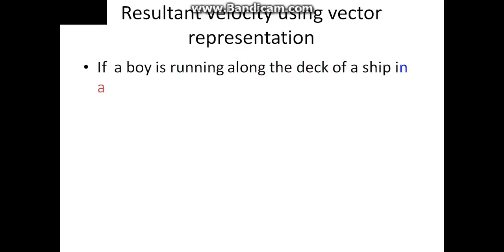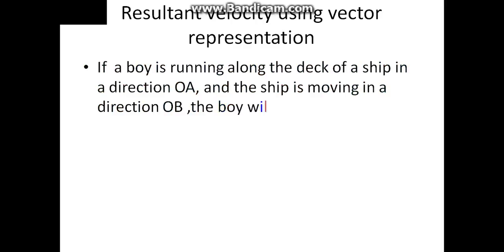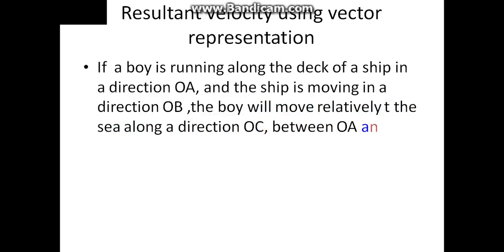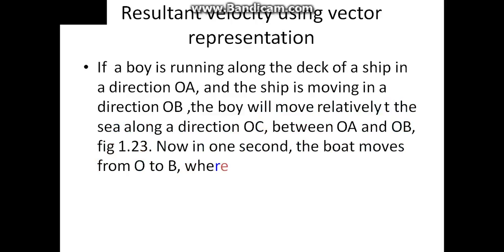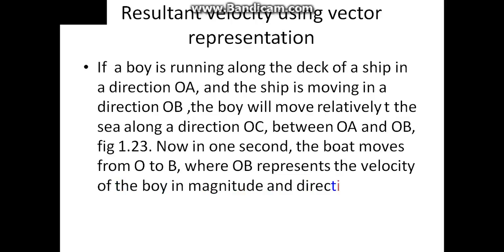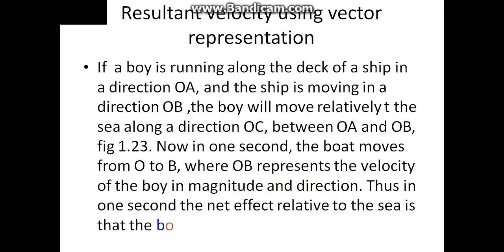Resultant velocity using vector representation. If a boy is running along the deck of a ship in a direction OA and the ship is moving in a direction OB, the boy will move relative to the sea along a direction OC between OA and OB.